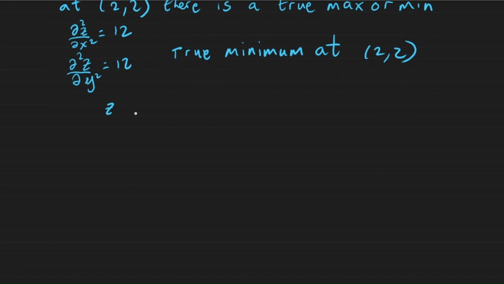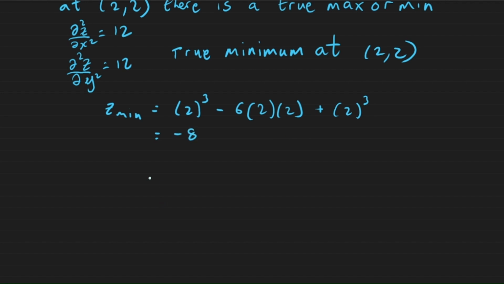So the minimum value of z is equal to x cubed, so it's 2 cubed, minus 6xy, 6 times 2 times 2, plus y cubed, that's 2 cubed. 2 cubed is 8, 6 times 2 is 12, 12 times 2 is 24, 8 minus 24 is minus 16. Minus 16, sorry, this was a plus here. Minus 16 plus 8 is minus 8. So that is our minimum value of this function.